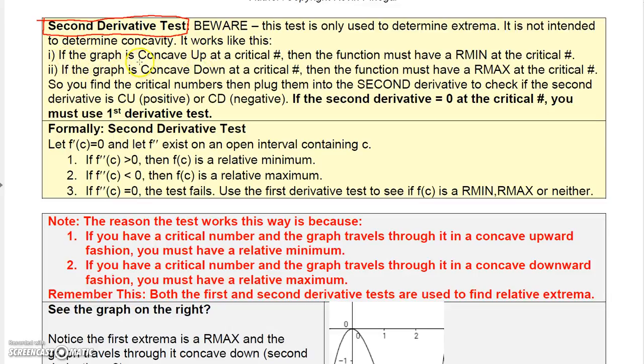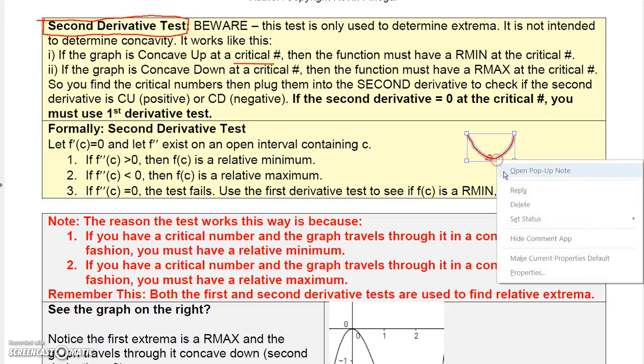If a graph is concave up at a critical number, then the function must have a relative minimum at that critical number. Because see, if this is a critical number and the graph goes through it when it's concave up, as it goes through it, then you've got to get a minimum there.